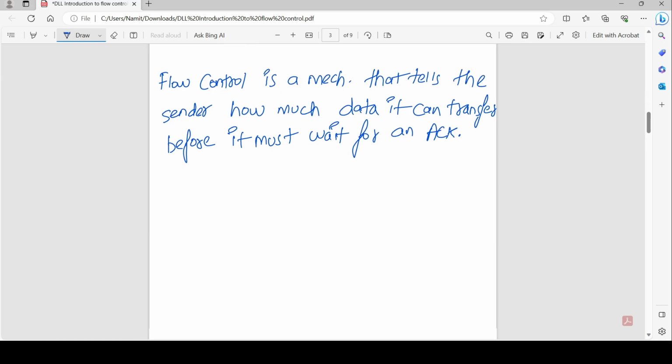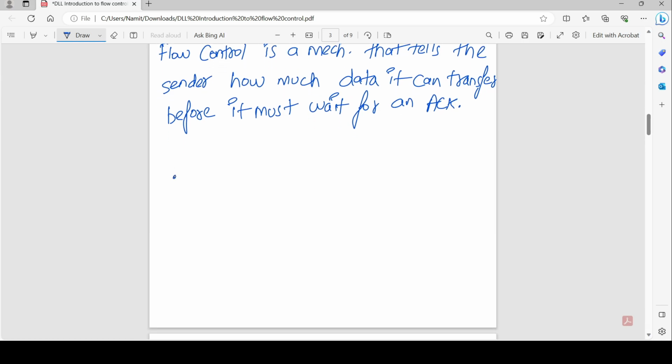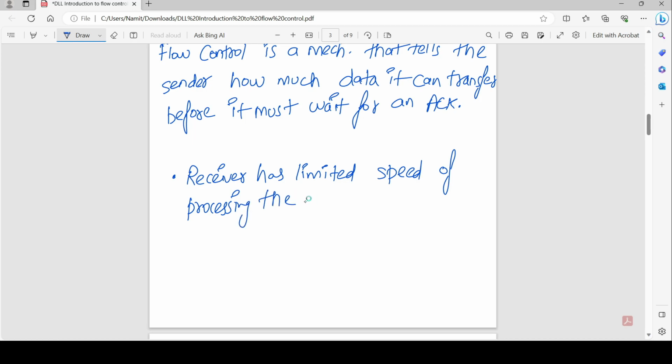Now there is one more thing within flow control. A receiver has limited speed of processing the incoming data.